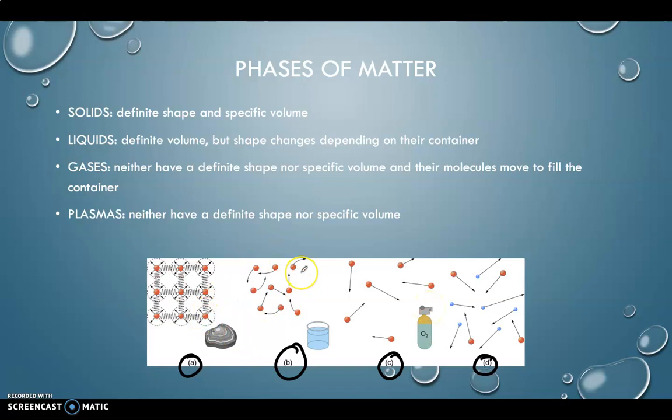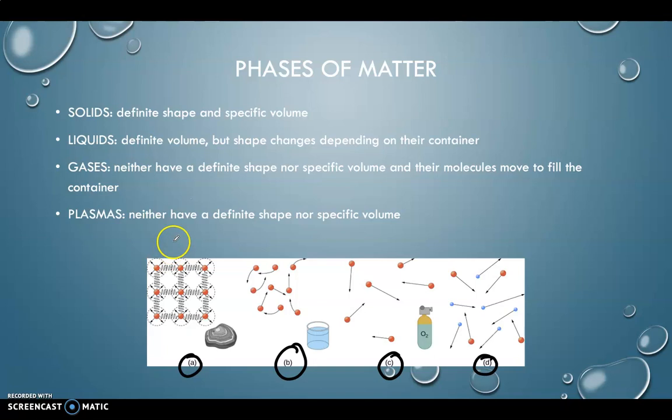You can also notice that they have a different velocity. You can't really see that, but in a solid, these atoms are barely moving, and then in a liquid, like I said, they move freely within a container.